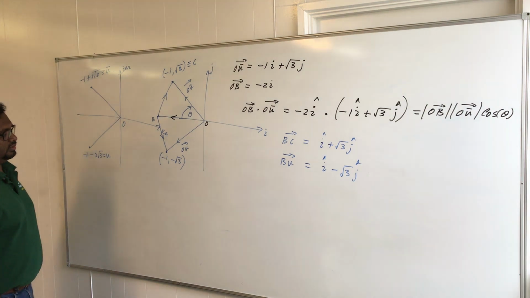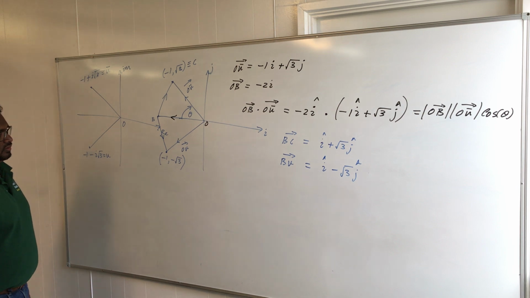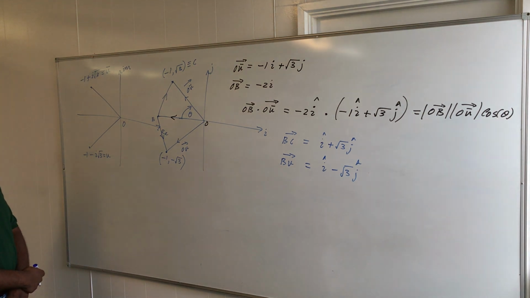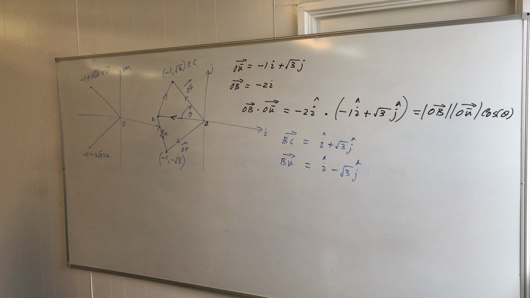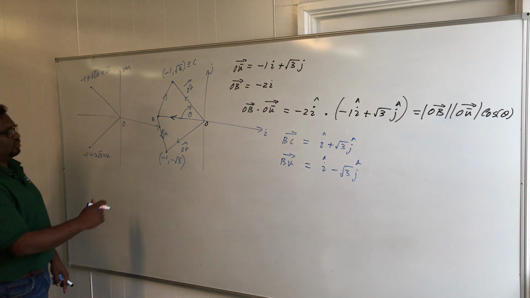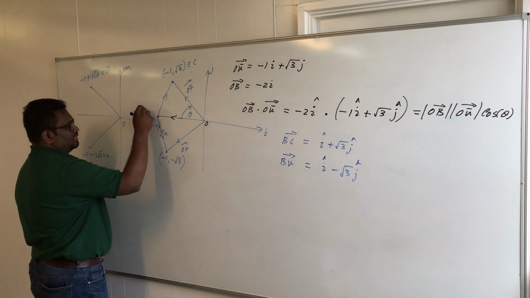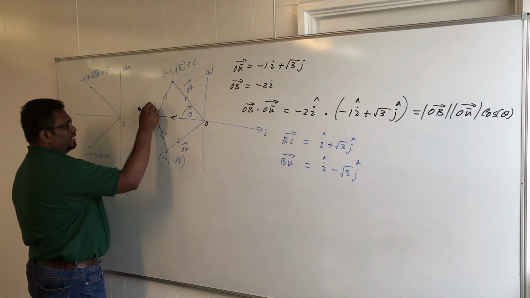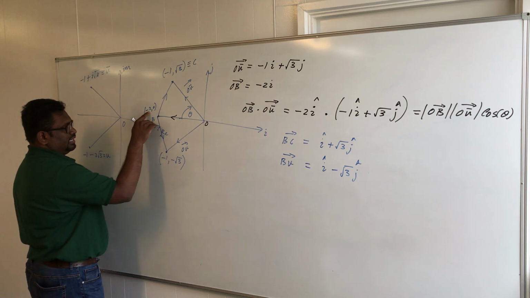BU, right? Are you sure? So B is the coordinate x equal to negative 2, 0, right? So this minus that.